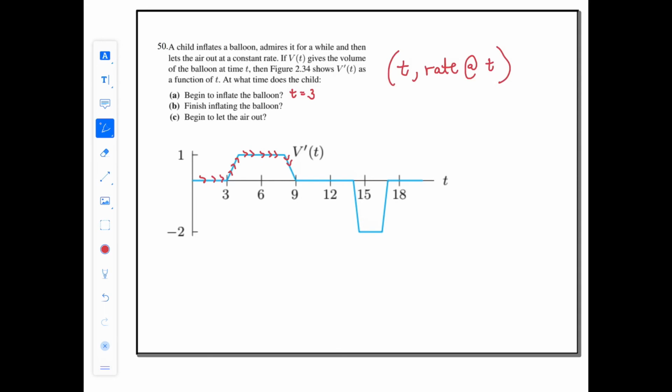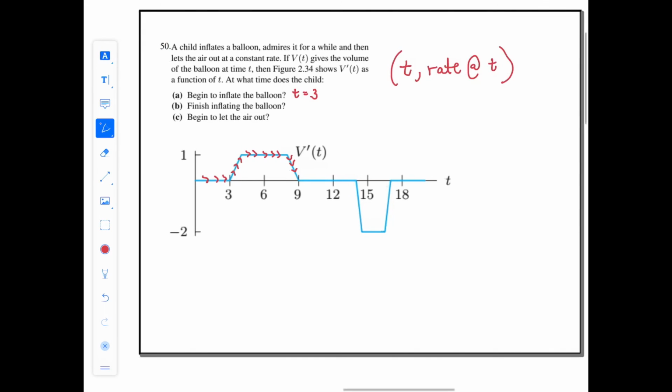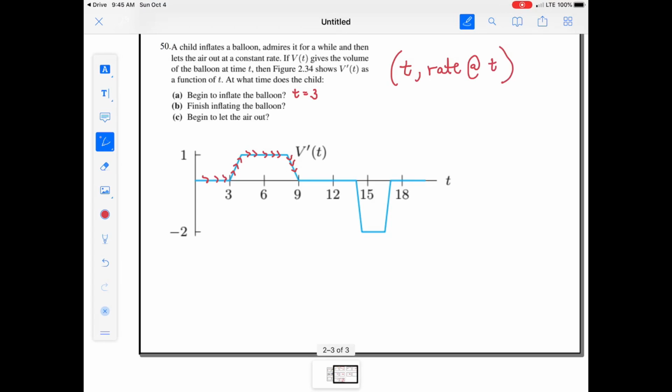All right, people, what's happening here? That kid is still blowing air into the balloon, but they are losing breath, so they are blowing air in at a slower rate. So what is my answer for part B? They stop inflating that balloon at the second. So B, they finish inflating it at t equals 9.